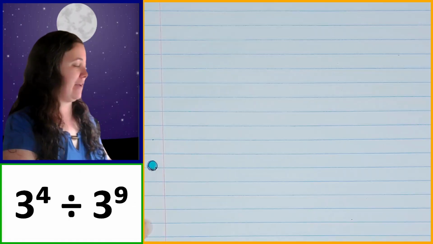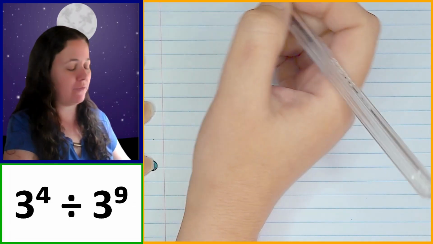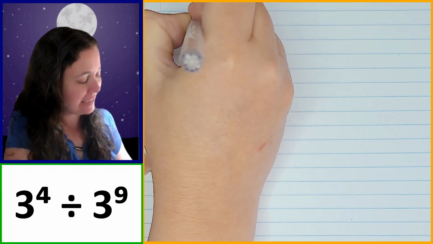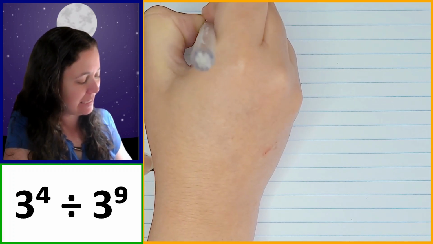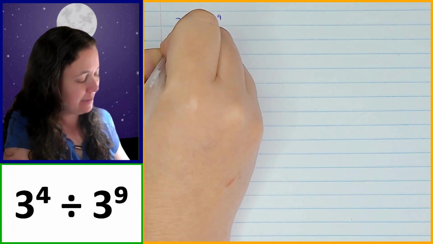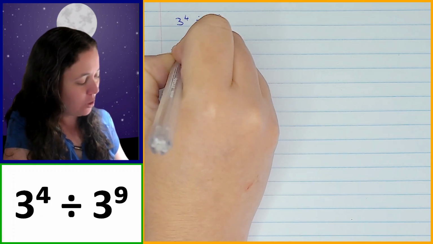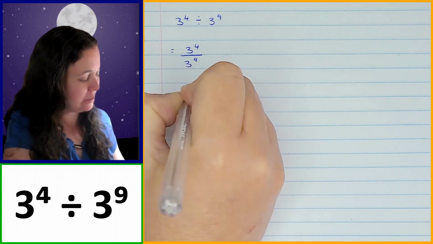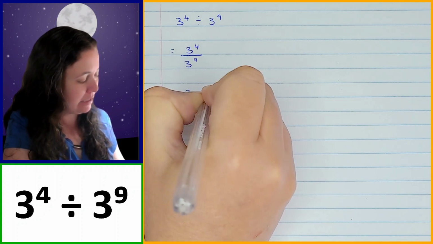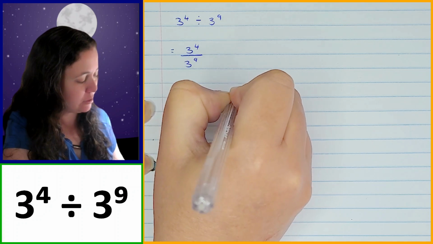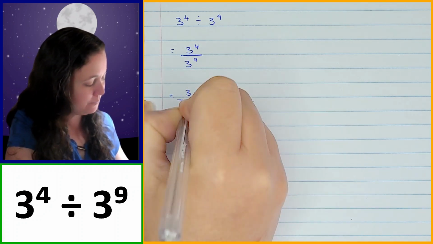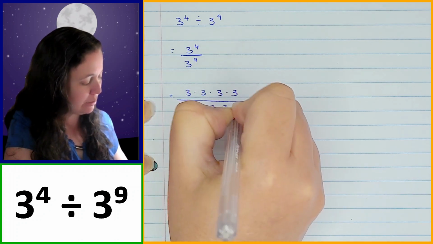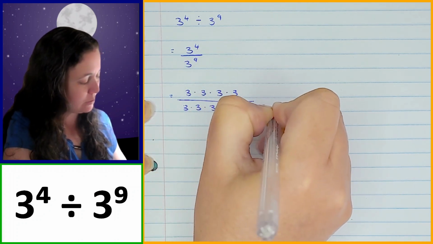Okay, so if I take 3 to the power of 4 divided by 3 to the power of 9, and I simplify it using cancellation, I write it as a fraction. So this is the same as 3 to the power of 4 over 3 to the power of 9, which I can then write like this: 3 times 3 times 3 times 3 over 3 times 3 times 3 times 3 times 3 times 3 times 3 times 3 times 3.